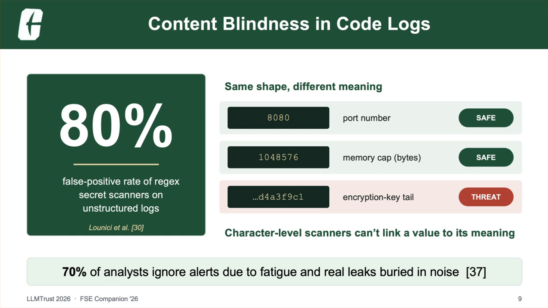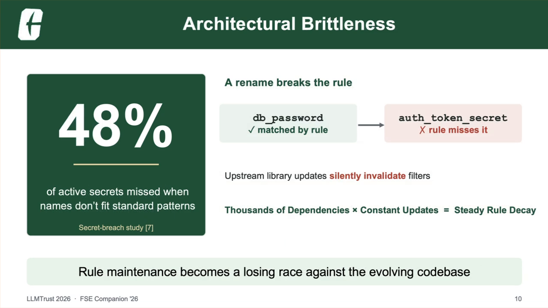Because scanners cannot map these strings to semantic intent, 70% of analysts suffer from severe alert fatigue and ignore them altogether. Furthermore, studies have shown that 48% of active secrets are missed simply because variable names drift from expected patterns. In other words, changing a variable name from db_password to an unmapped synonym completely bypasses standard rules.